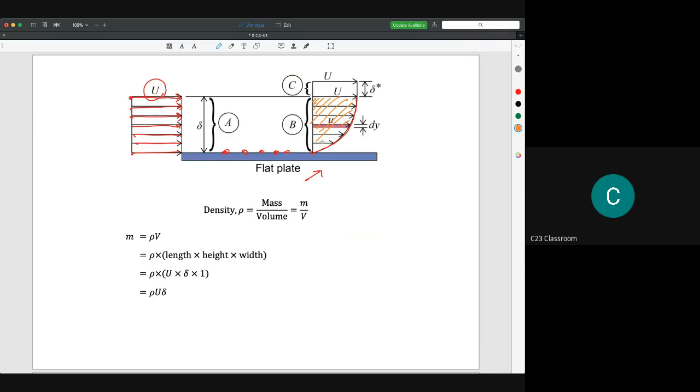Then we assume that delta here is the thickness from zero until the location where the velocity is equal to U. I will explain this again later. At this stage, just take that the first definition is u equal to 99% of capital U, which is the borderline of the boundary layer.